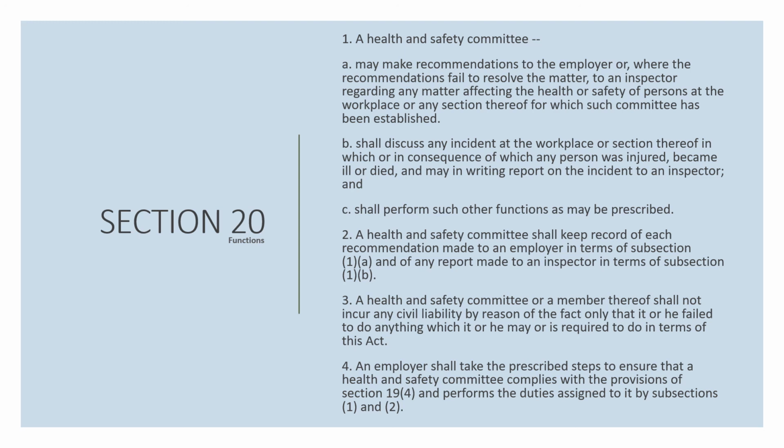A health and safety committee, or a member thereof, shall not incur any civil liability by reason of the fact only that it or he failed to do anything which it or he may or is required to do in terms of this Act. The employer shall take the prescribed steps to ensure that a health and safety committee complies with the provisions of Section 19(4) and performs the duties assigned to it by subsections 1 and 2.